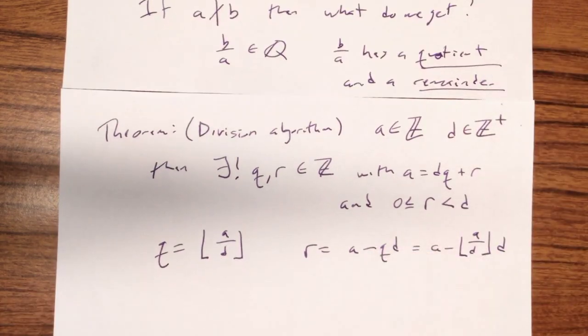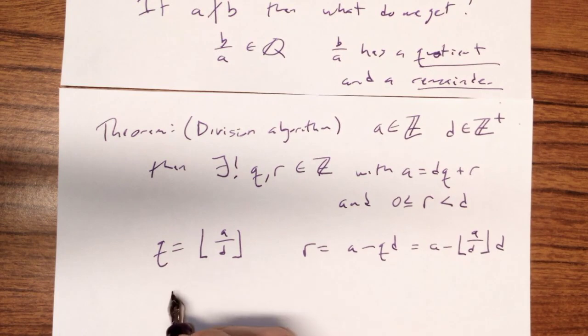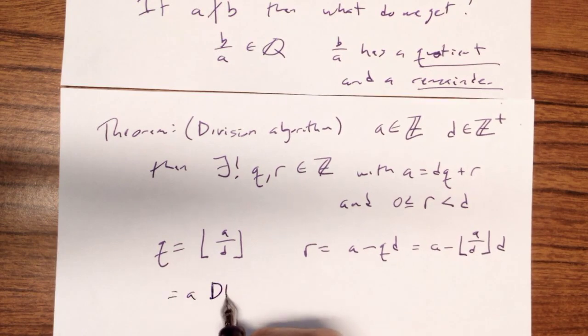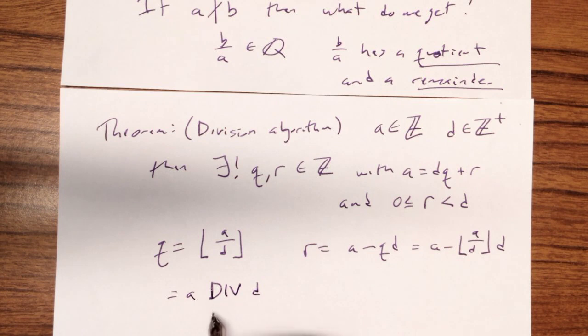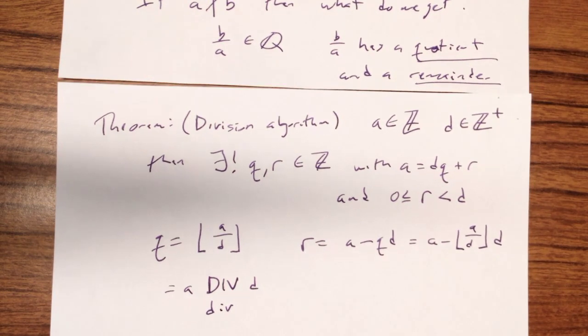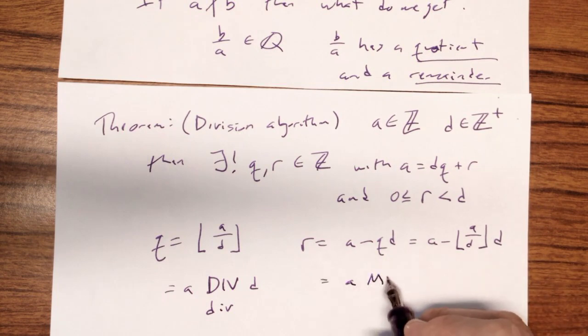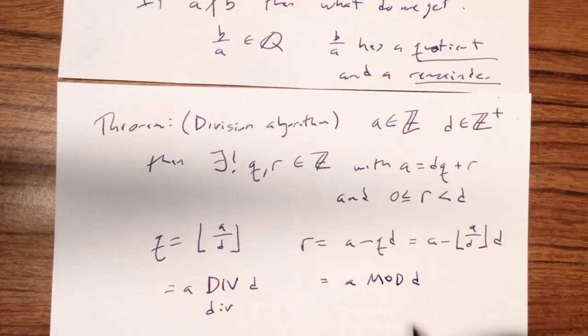Now, the symbols that we write for q, we write a div d. I will almost always write this in lowercase, but a lot of computer languages, when I started, forced you to use capitals. We will also write the remainder as a mod d.